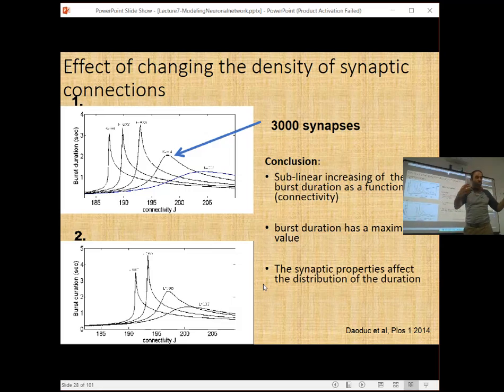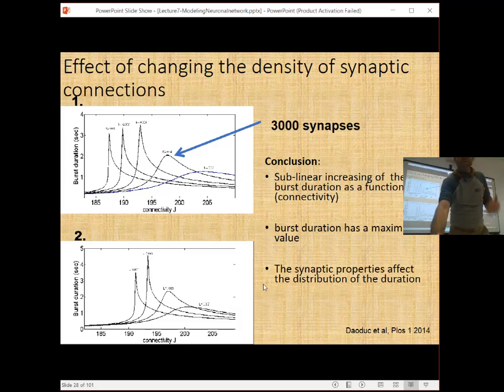But at some point, if you have too much connectivity, you have a lot of depression, and it will suppress everybody at the same time, or more or less at the same time. And so the duration, because depression will be important, leads here to this maximum and this decrease.